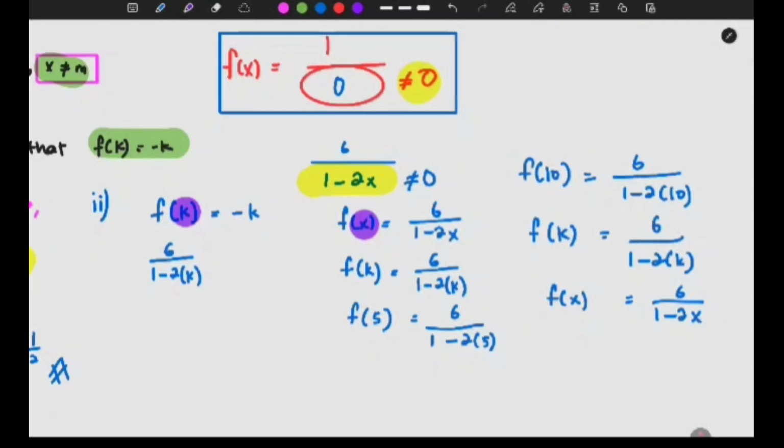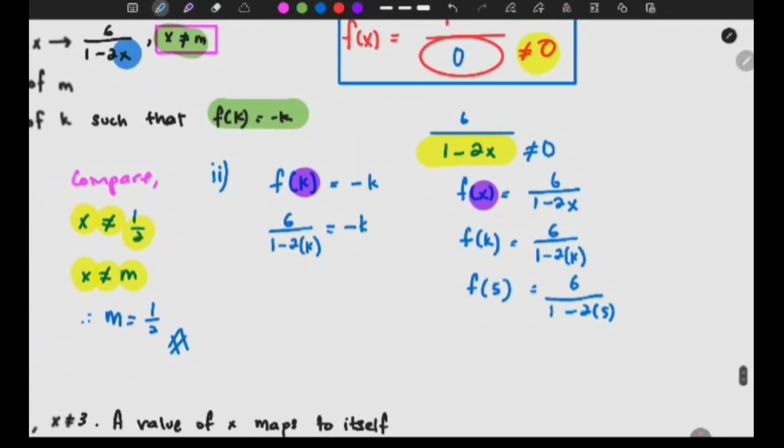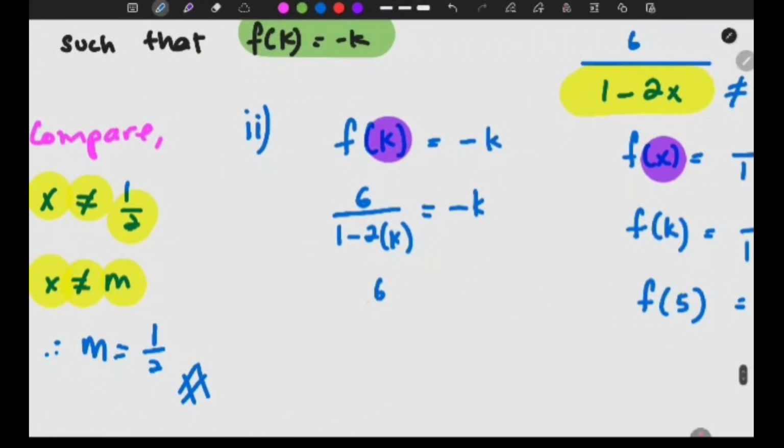So now just do your normal mathematics. It's 6 over 1 minus 2k equals negative k, and now this bottom, bring this side, it will be 1 minus 2k times negative k. Actually I should bring this entire thing.